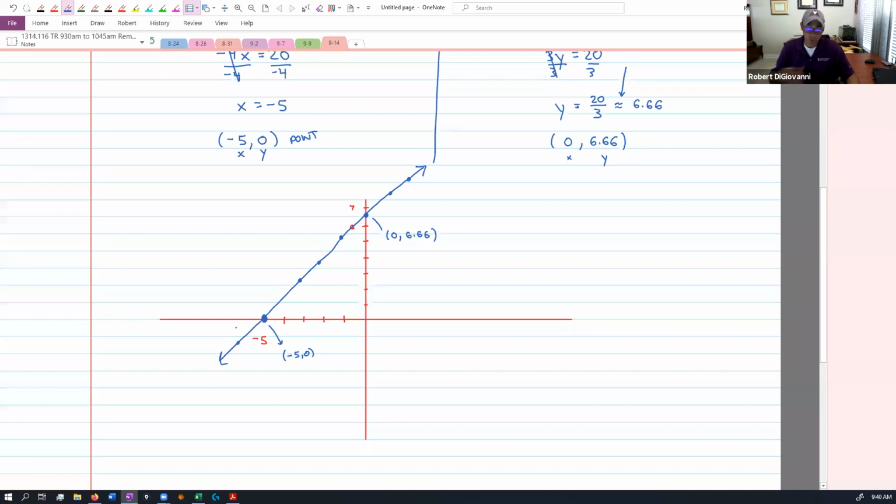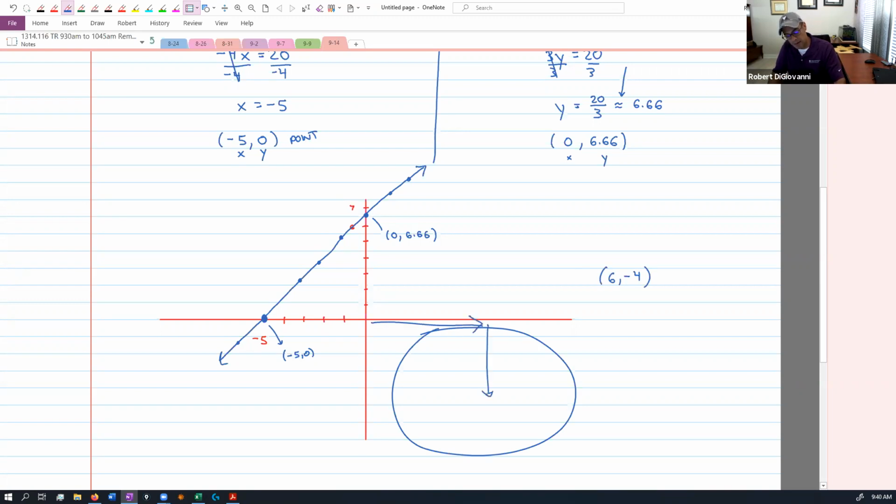So we could look at this right now and know that something over here wouldn't work. If you try to plug in, say, 6, -4, that point is to the right and down. There's no way that this could be a solution to that equation.